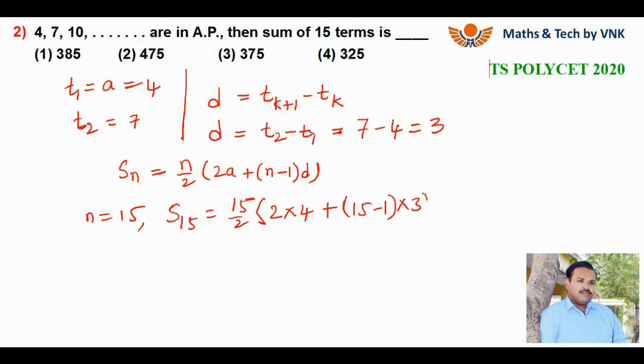So which is equal to 15 by 2 into 2 into 4, 8 plus 14 into 3 is 42. So which is nothing but 15 by 2 into 50, so 25 times. So 15 into 25 is 375. So the correct option is 3.